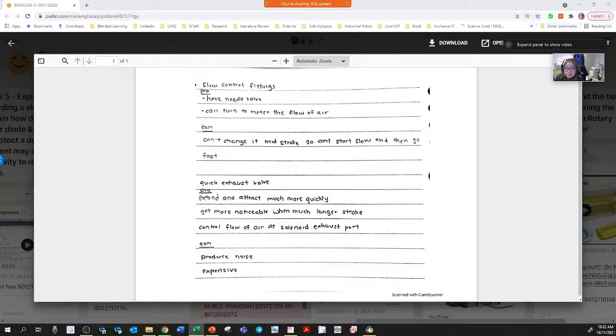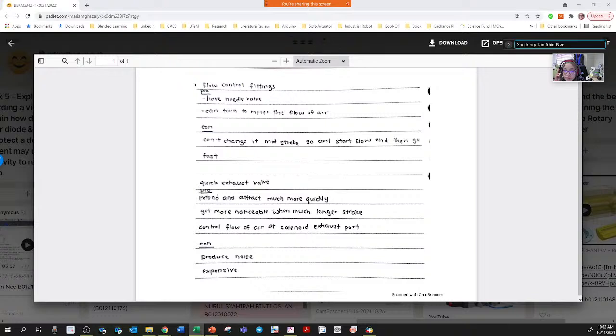In the video they got two ways to control the speed of the pneumatic cylinder. One is flow control fitting and one is quick access.